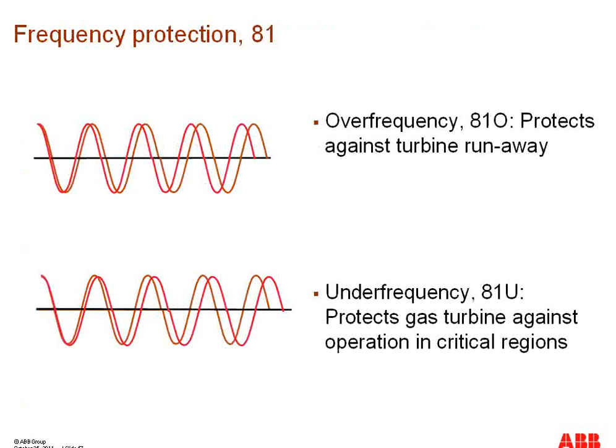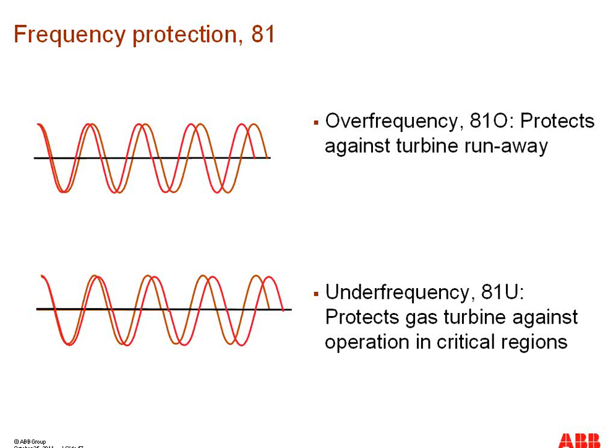Yet another protection provided in generators is the frequency protection. Over frequency conditions will occur in the event of sudden rejection of load. Sometimes governor problems can also cause over frequency conditions.